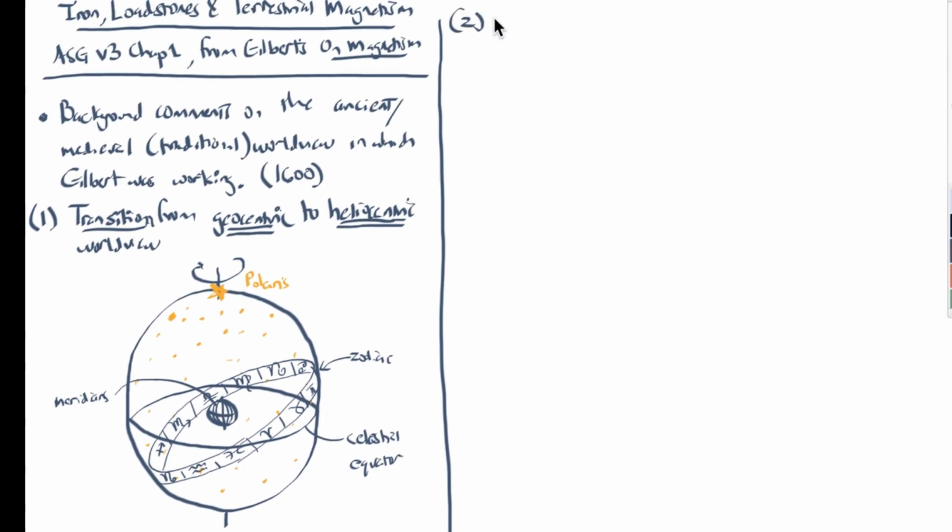Okay? So that's one thing I'd like to mention about the geocentric worldview. The second point I'd like to make is that the work of Gilbert would influence Johannes Kepler. You might recall that Kepler came up with some laws of planetary motion slightly after Gilbert, and Kepler also, like Copernicus, was a heliocentrist.